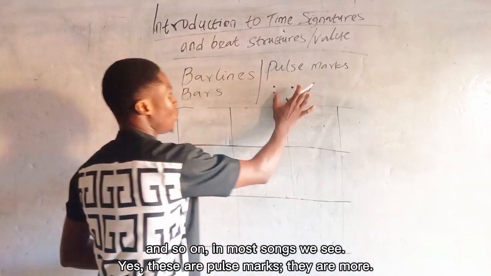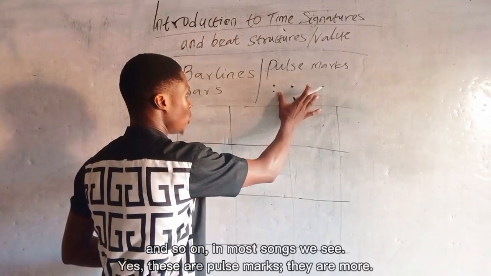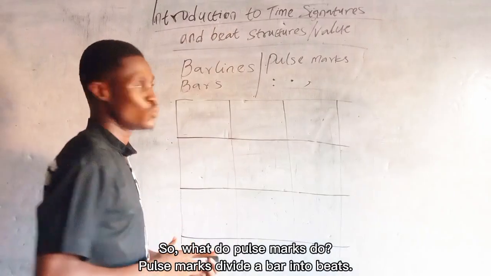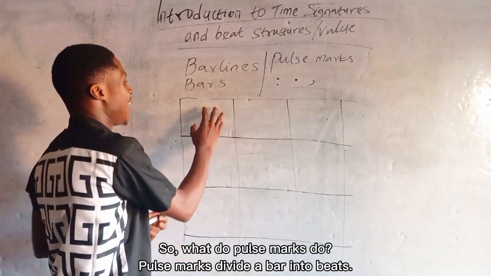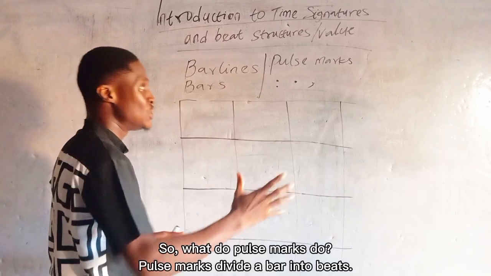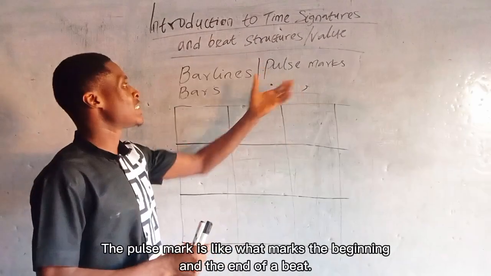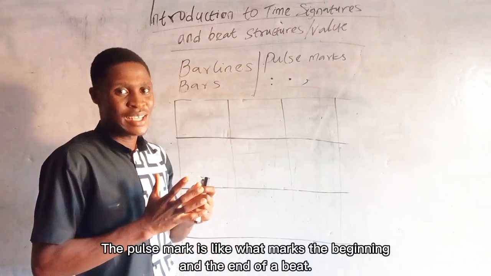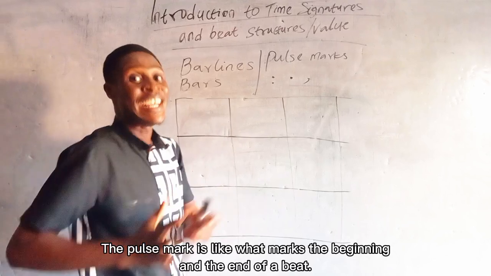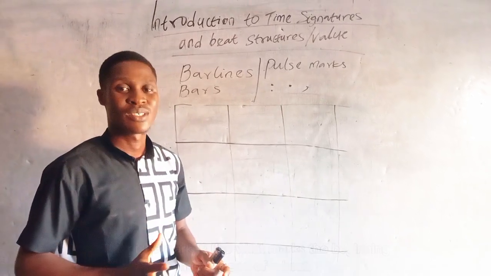Yes, these are pause marks. There are more. So, what do pause marks do? Pause marks divide a bar into bits. The pause mark is what marks the beginning and the end of a bit.